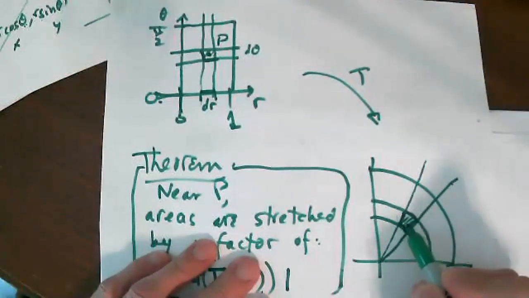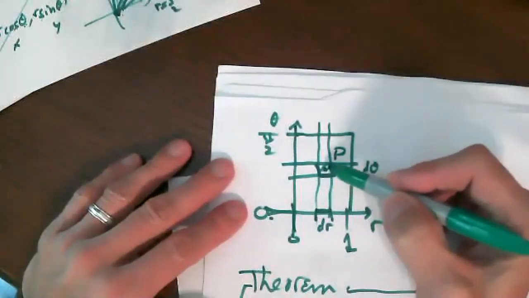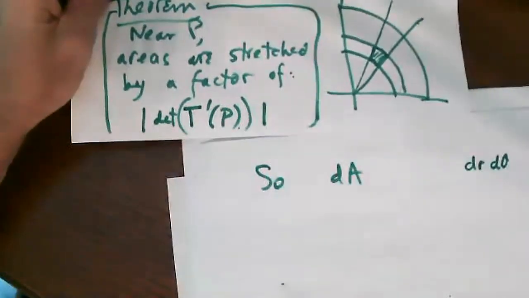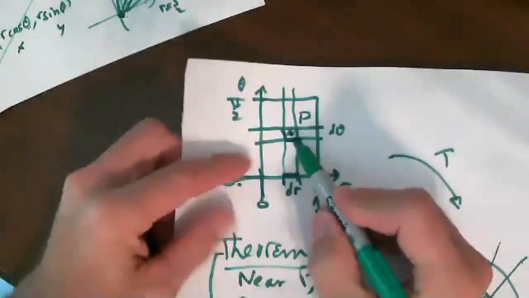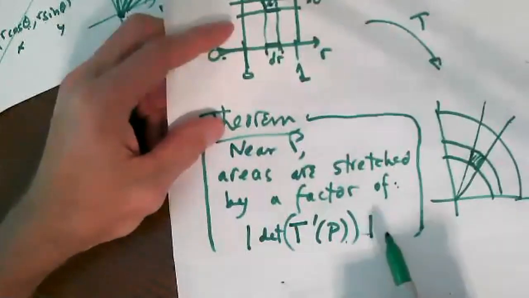Well, you recognize that this piece here is the image under this function T of a little rectangle in this space, and the area of a rectangle was easy to compute. That was the dr d theta.